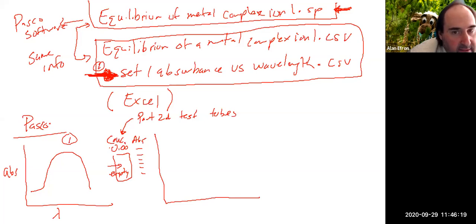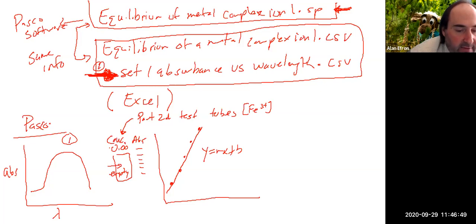And you need to figure out the concentration of what's important, which is the iron 3, by the way. You need that concentration for those 5 test tubes, and you'll have 5 absorbance values, and you need to put them in. As you put in the correct concentrations, you will start to see dots being made on the graph. And then you could use the Pasco to do the best fit line, the equation, and all that kind of stuff. Now this, which we'll call number 2, is this separate Excel file here.